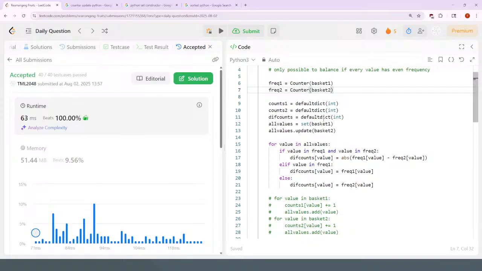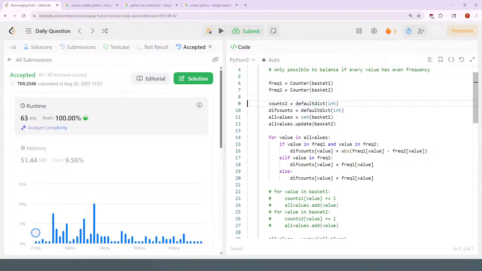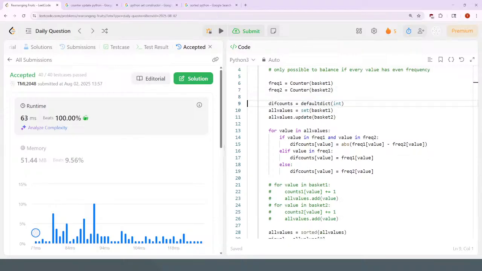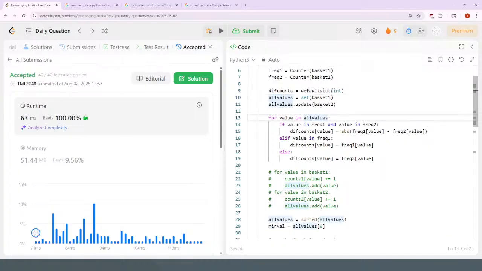Oh boy. Counts, I think I can delete these counts now. Diff counts. Okay, so my frequency counters. All values, set up all values. Find the difference in the frequency of each value.